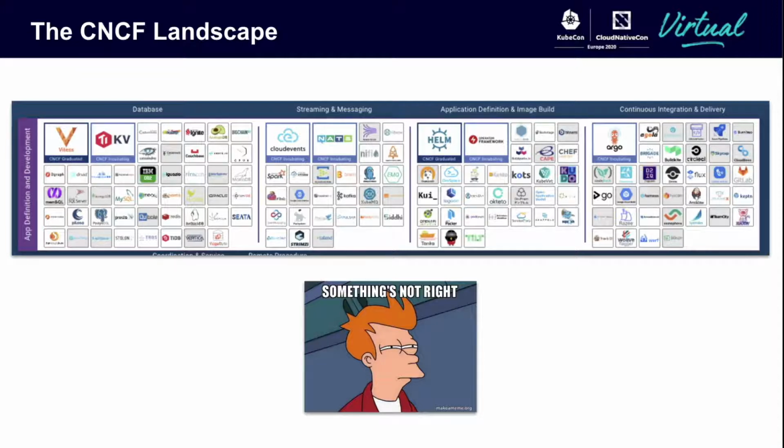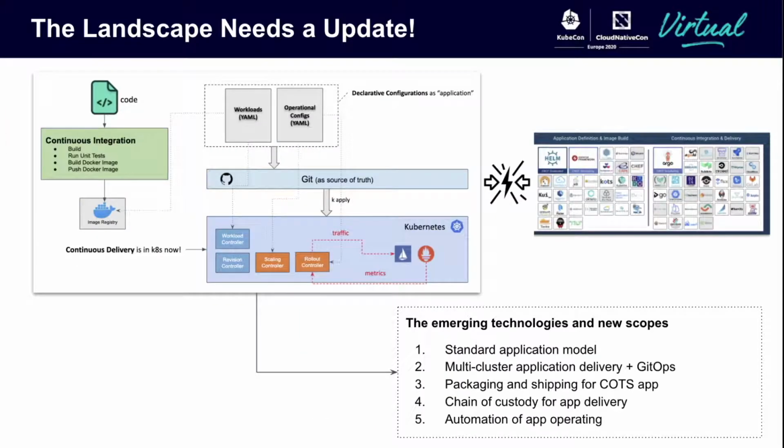Nobody knows how they are organized or placed in these sections. It's just chaos. Honestly speaking, the application category of the CNCF Landscape needs a significant update since a long time ago.